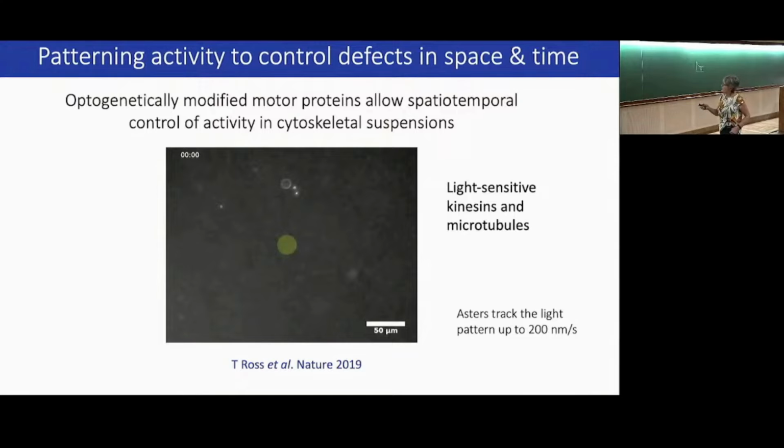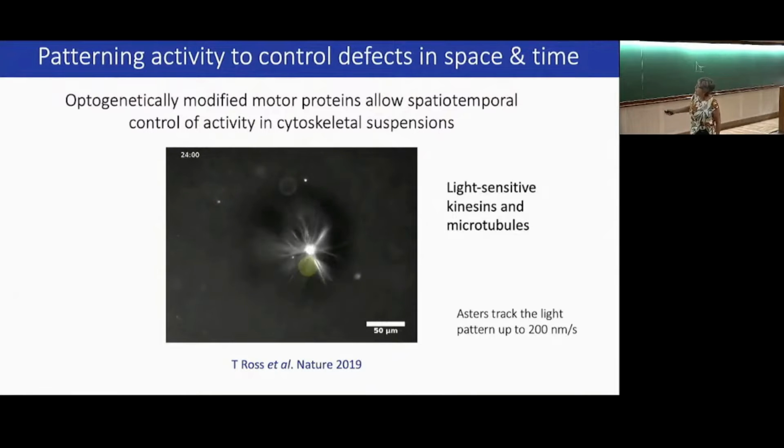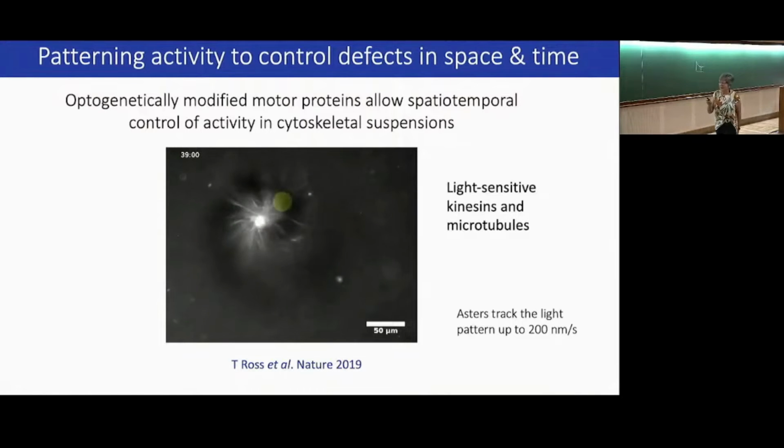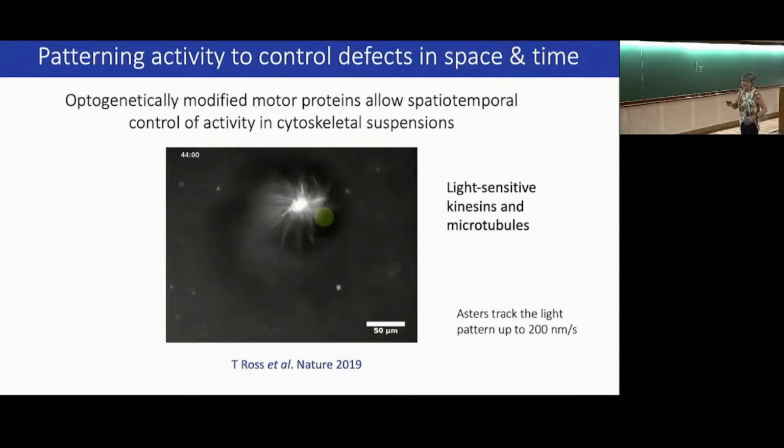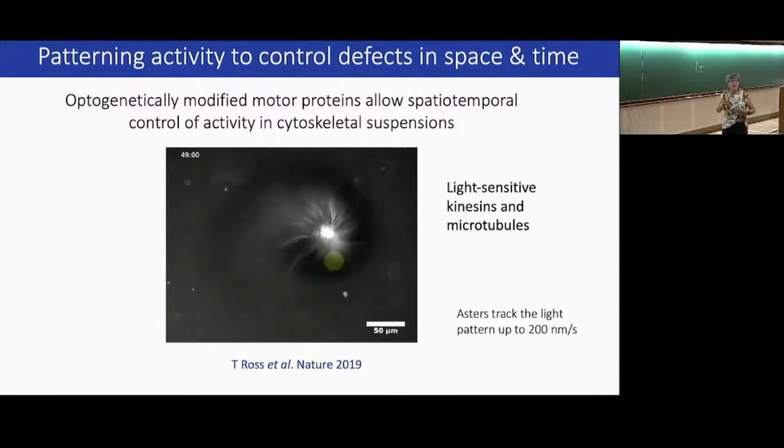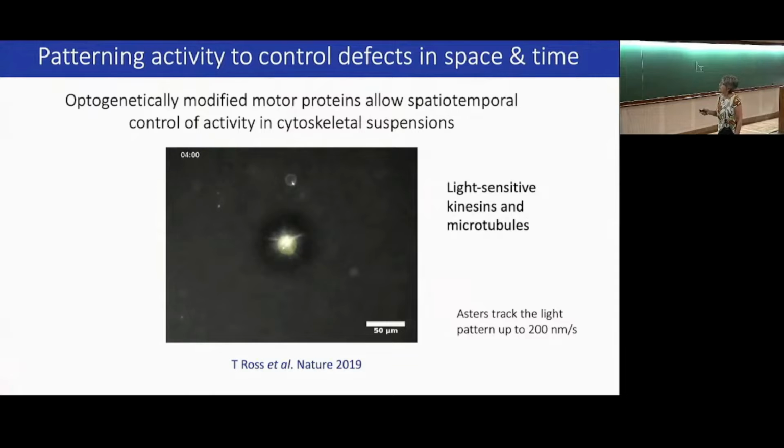And in this case, the microtubules assemble into an aster, and the yellow dot is a column of light that is moved around by moving the table underneath. And the aster, in this case a +1 defect, tracks the light provided you don't move too quickly. So we want to develop a formalism for something like this.